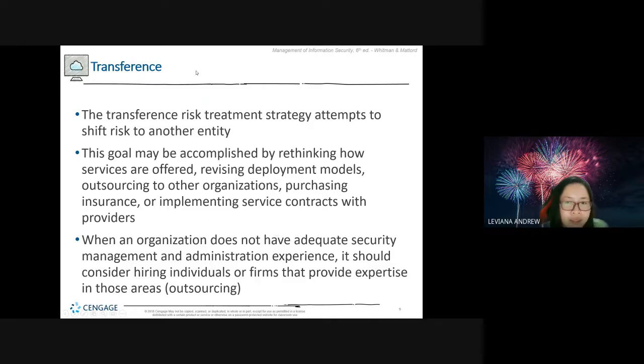This risk treatment strategy, transference, is preferable when the company or the organization does not have any expertise in cybersecurity or security management.